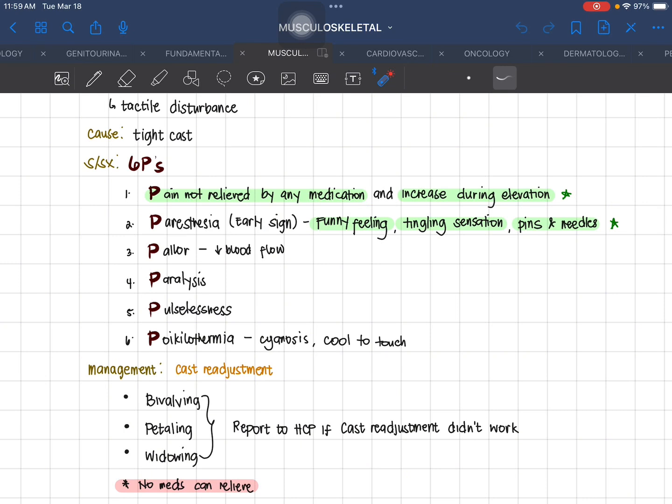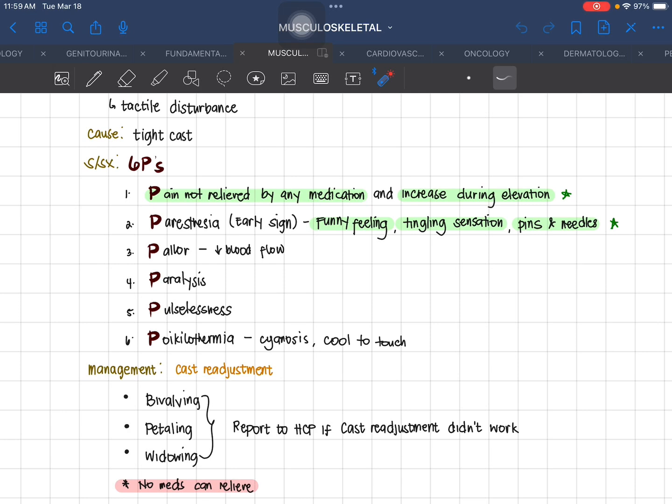Ang poikilothermia ay makikita mo na cyanotic and very cool to touch yung affected part. Kaya nga may pallor din. Ayan, pallor and poikilothermia.